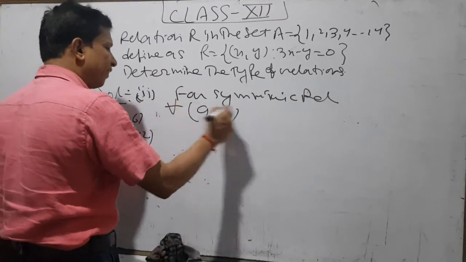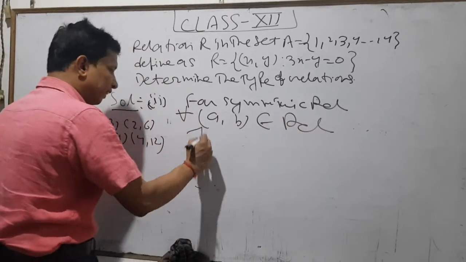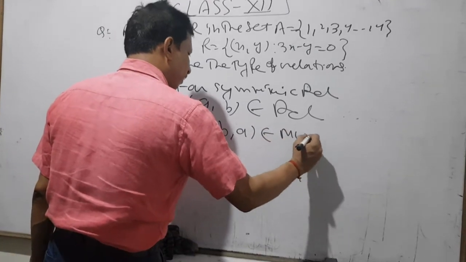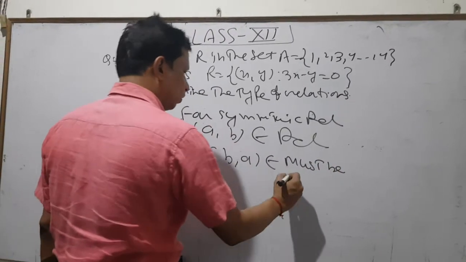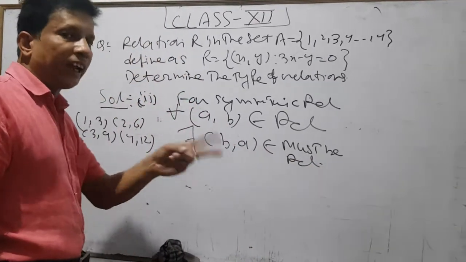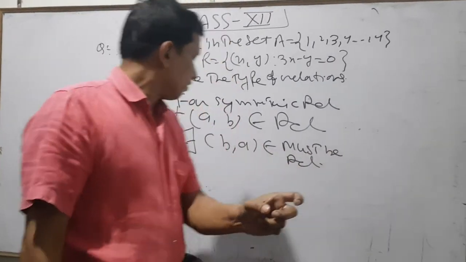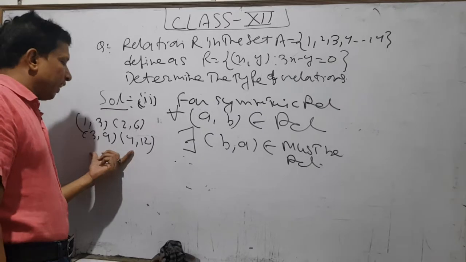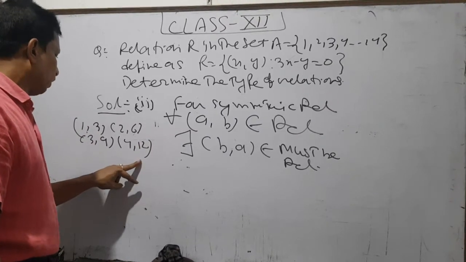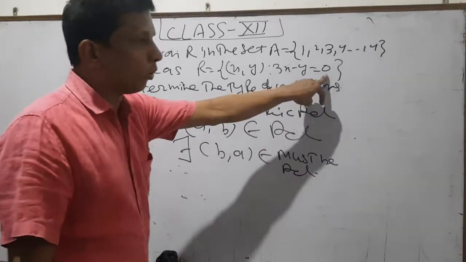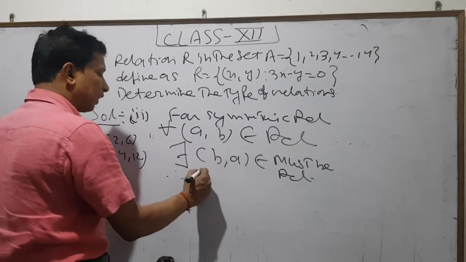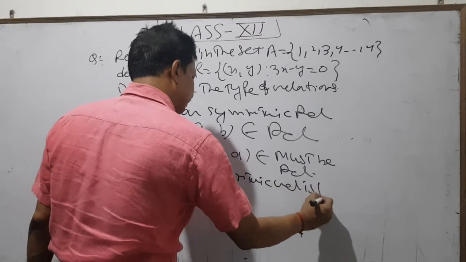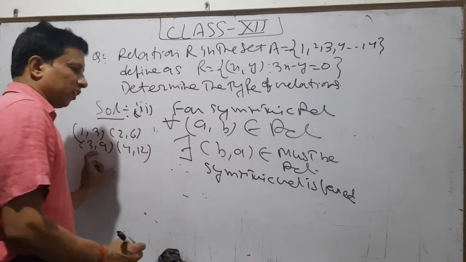For every (a, b) belonging to the relation, (b, a) must also belong to the same relation. When the domain and range replace their places, the relation must hold. But in these ordered pairs, if we change the places of domain and range, then the result is not zero. Hence, symmetry also fails.